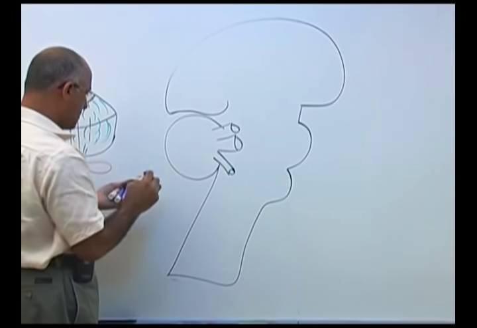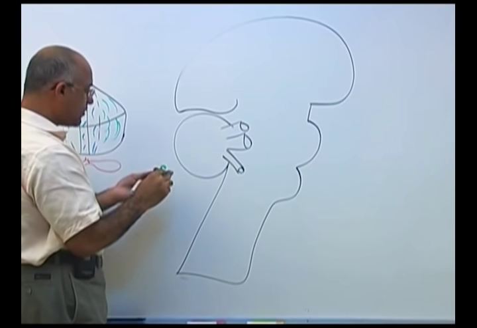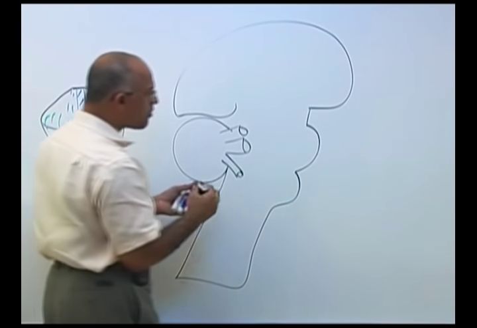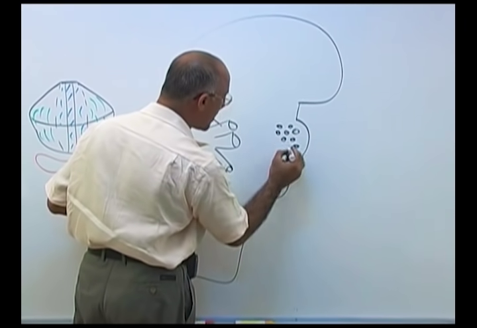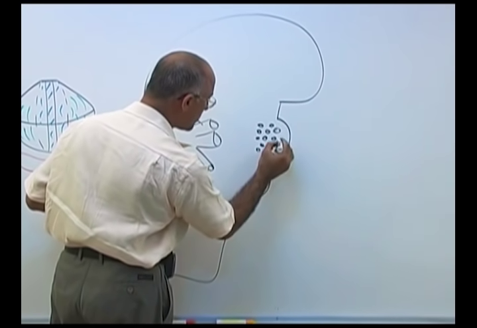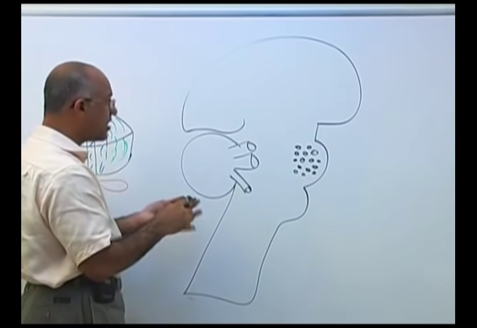This is the middle cerebellar peduncle. Now, it's very simple. You have heard of the pontine nuclei? There are a lot of pontine nuclei in this part of the pons. What really happens?